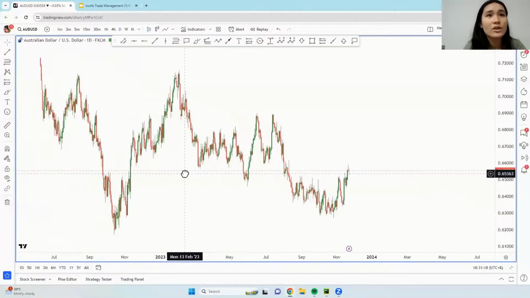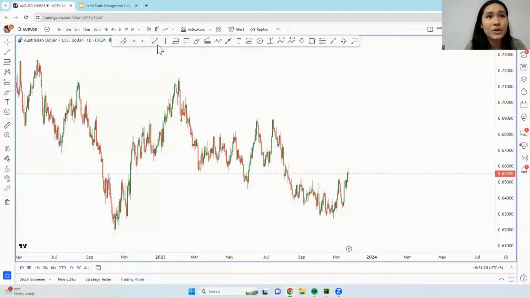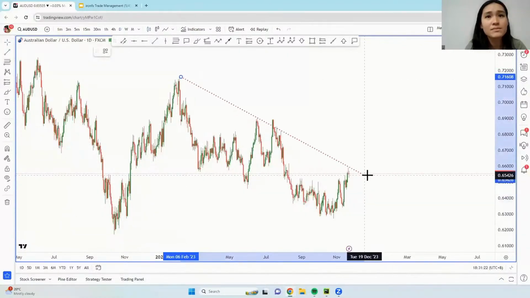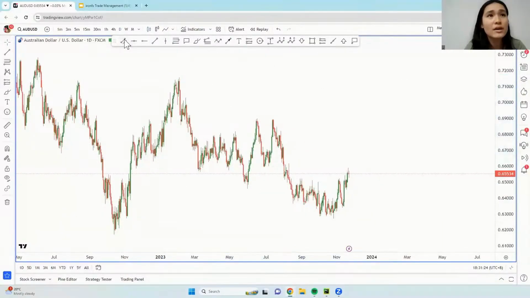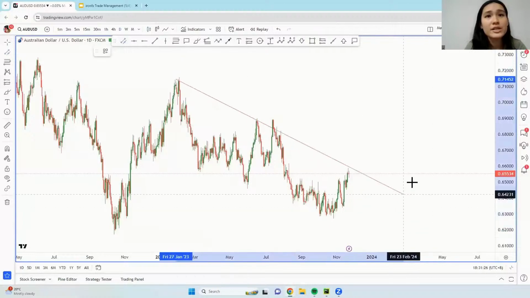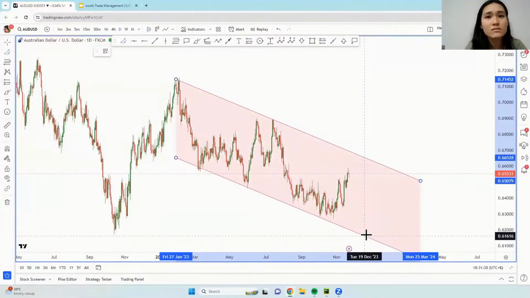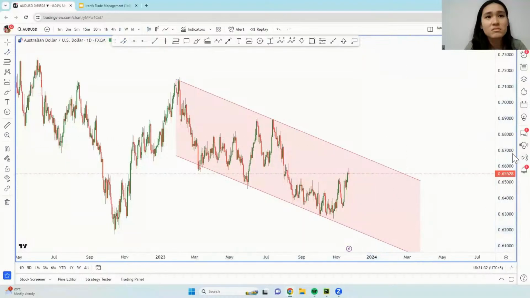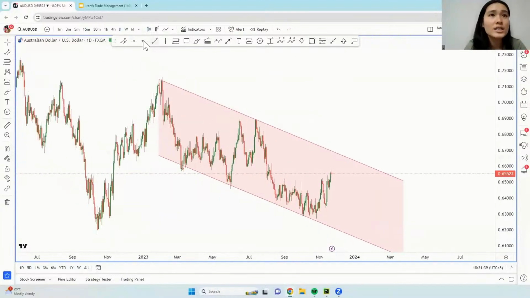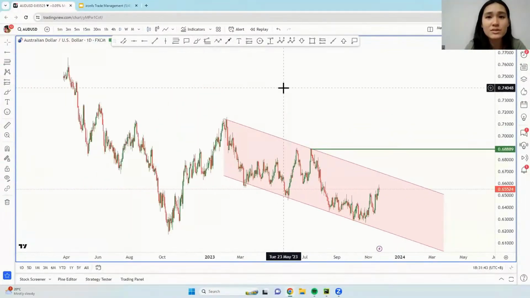Let's take a look at our daily time frame. Okay, daily time frame is also pretty, yeah, price is moving in this descending trend channel as well. Let's just go in really quickly with some support and resistance levels.